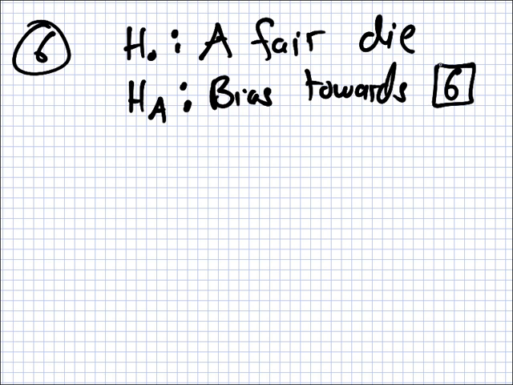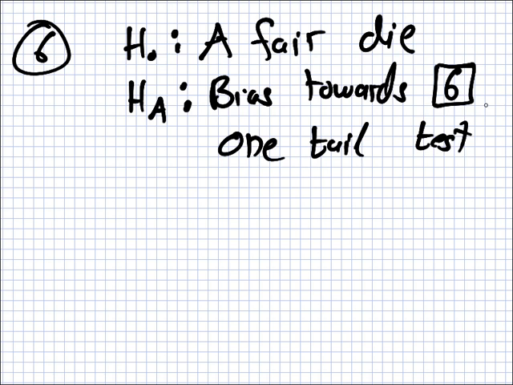Okay. Right. And so is this one or two tails? One tail test. Okay. Just a sip of coffee first. Okay, so look. The reason this one is 1 and not 2 is because we're only looking at the possibility that it's bias towards 6 showing up more than it should.